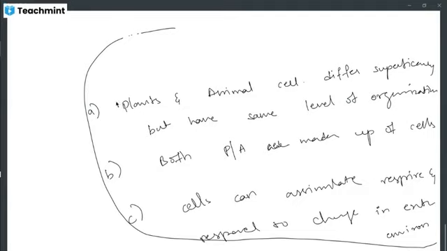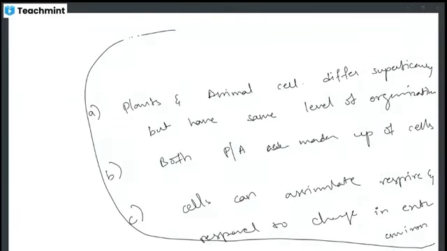In case of plants, we have a cell wall, whereas in animal cells, there is no cell wall, right? Whereas both plants and animals are made up of cells. So coming to the third statement, it indicates both plant and animal cells can assimilate. The meaning of assimilation here is to produce food, to maintain by itself. So can the animal cell produce food by itself? Okay, so you need to be careful with this type of question.